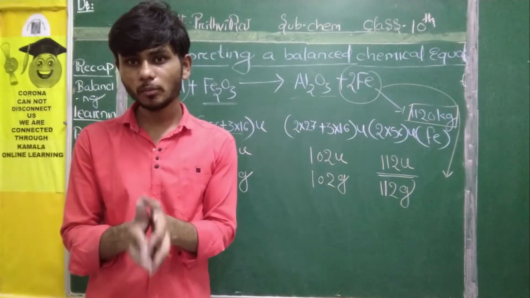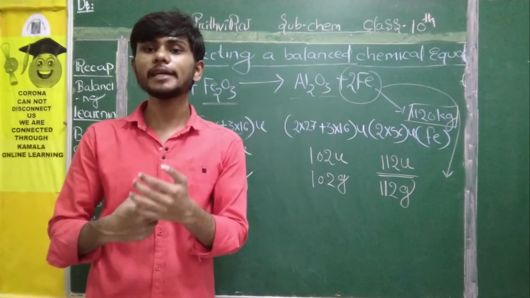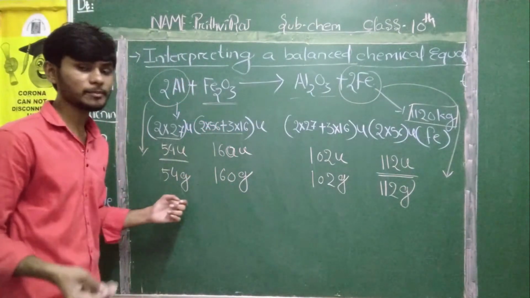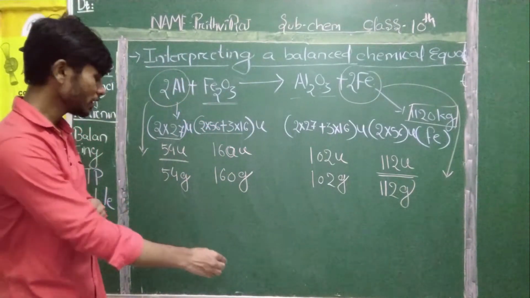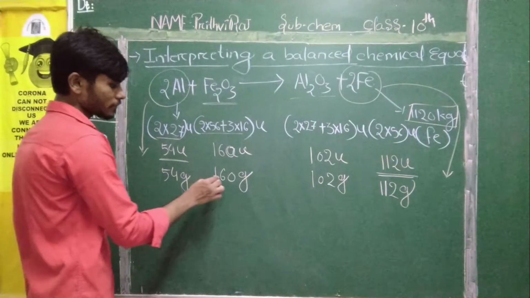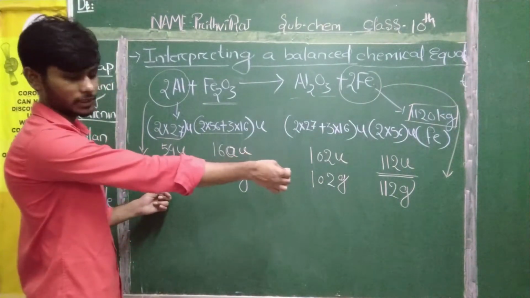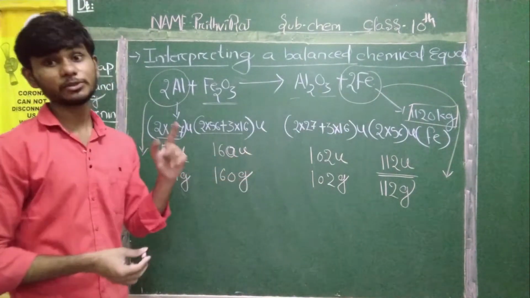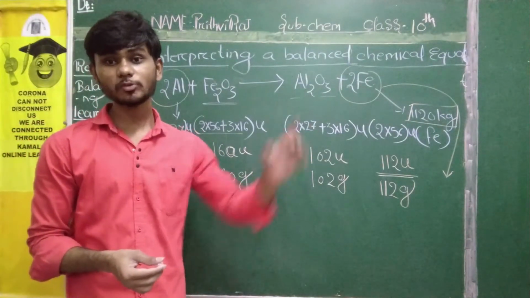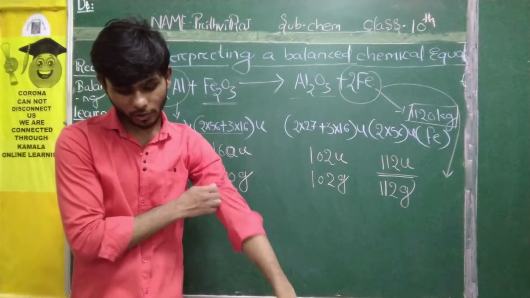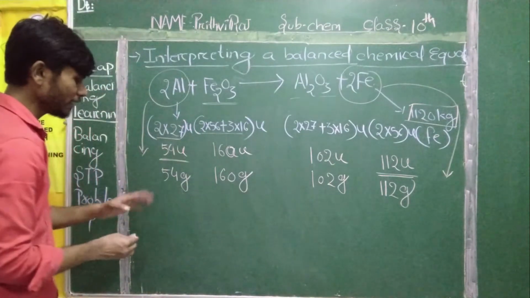What is this mole concept? I will tell you in the next class. But let me complete the process first. Here 54 gram is involved, then you are getting 112 gram. But how much do you need? Your need is 1120 kg. So to get 1120 kg, you need to write some equation.